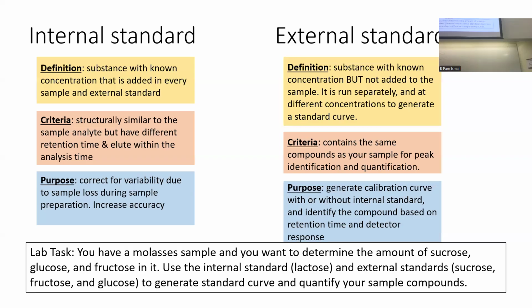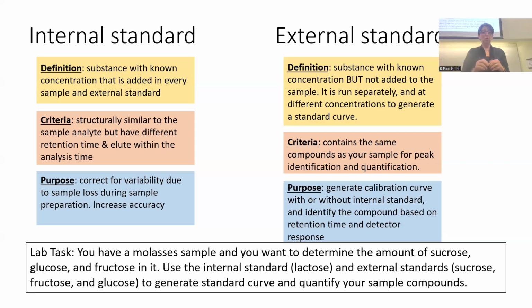It corrects for sample preparation error, especially for a method that has many steps, many pipetting steps, many reagents. You could lose some sample due to pipetting errors or transfer errors. So you want to make sure that you account for sample preparation error. Go ahead and put an internal standard in your samples.